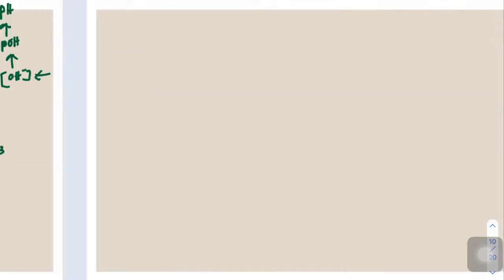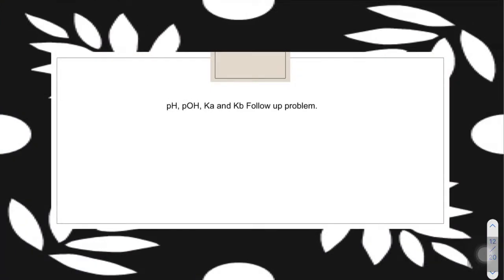So that's how we calculate the pH of the weak acid and weak base. So I want you to check the follow-up problem on the calculation of the pH and pOH by using the Ka and Kb.